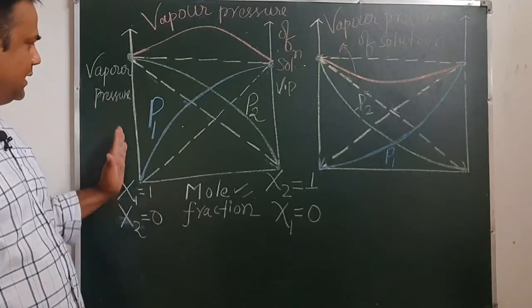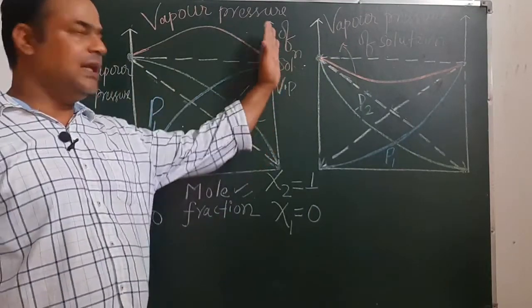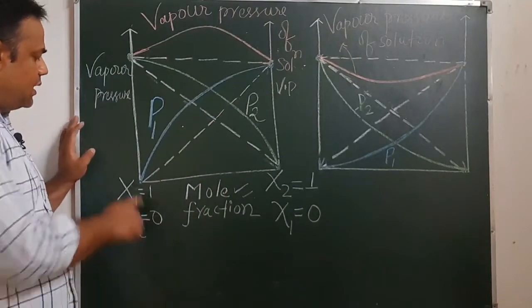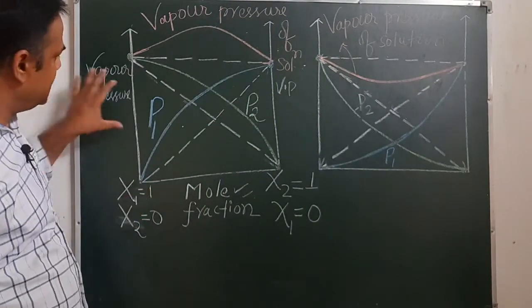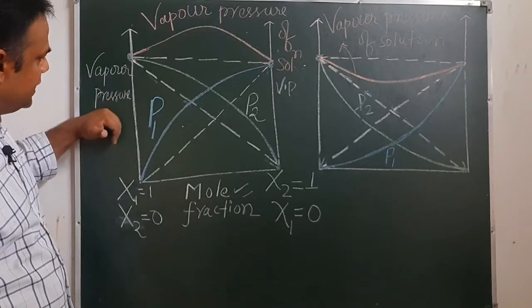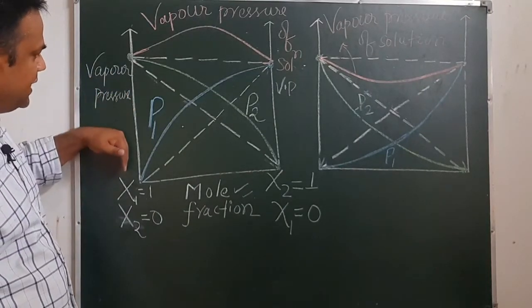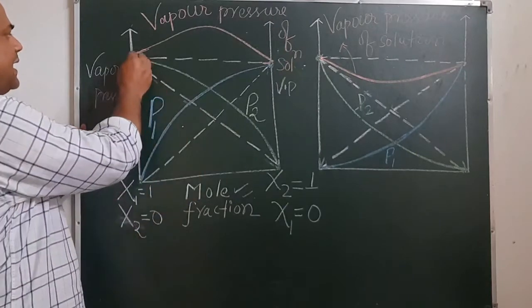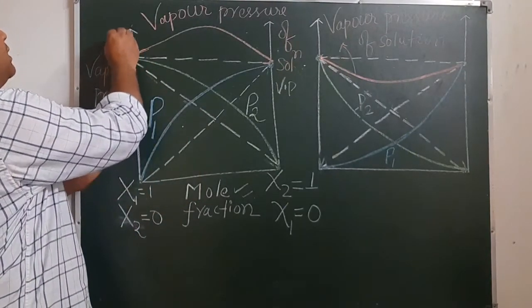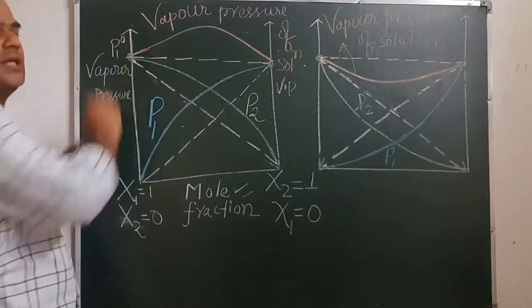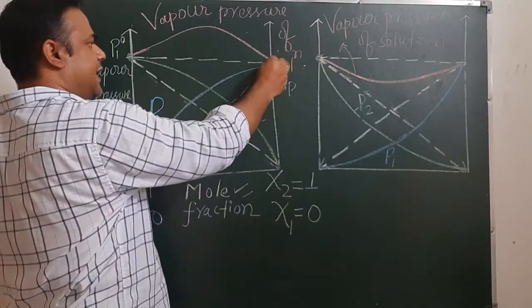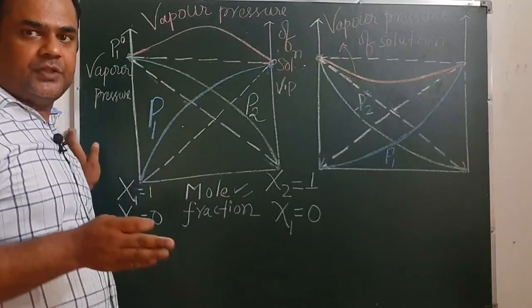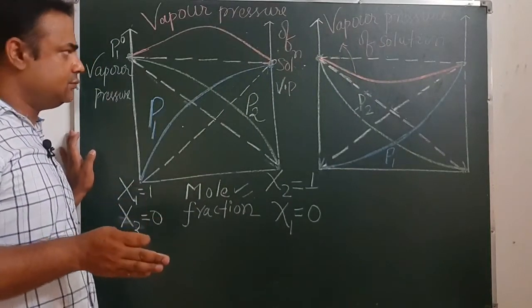So here this vertical line and this vertical line are representing solute and solvent in their pure state. If we see this one, it is indicating that x1 solvent is in its pure state. In that case, its vapor pressure will be the vapor pressure in pure state, that is P1 naught. Here this point is indicating vapor pressure of solute if it is volatile in pure state.